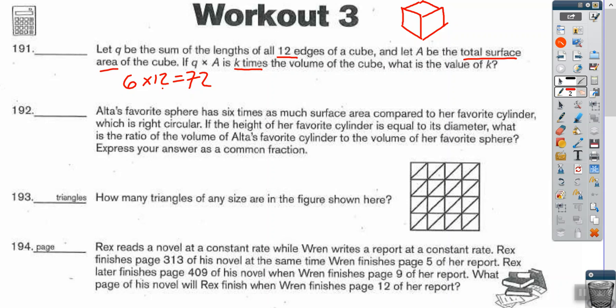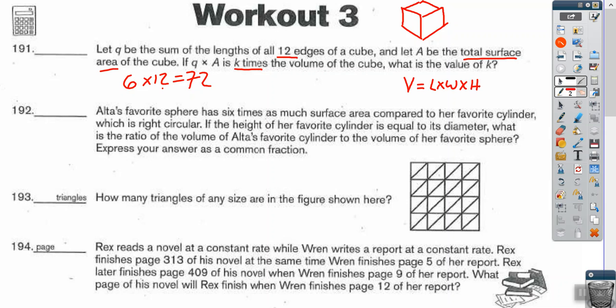We know the sum of all 12 edges of the cube, and A is the total surface area of the cube, and we're doing Q times A is K times the volume. So to find the volume of a cube, I know the volume is going to be equal to length times width times height, right?